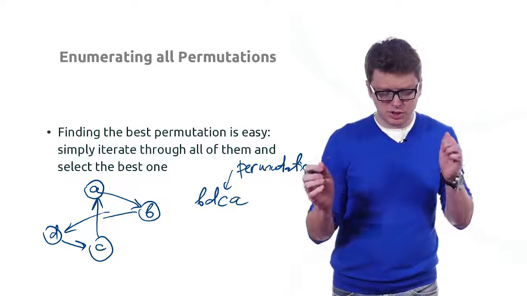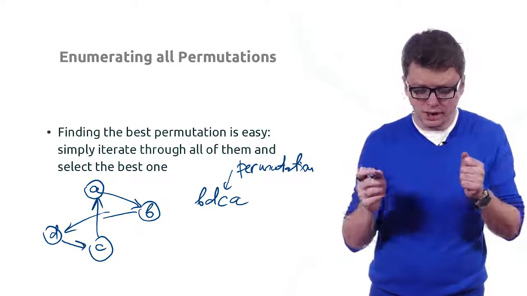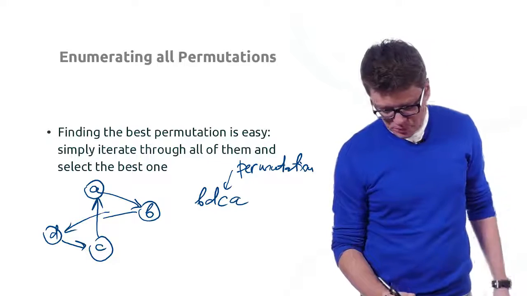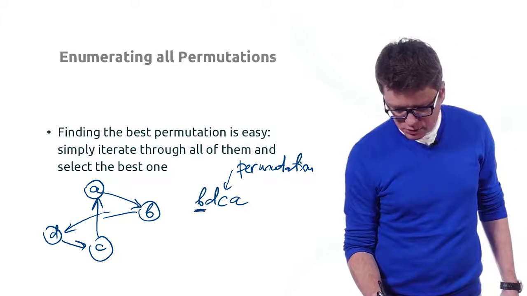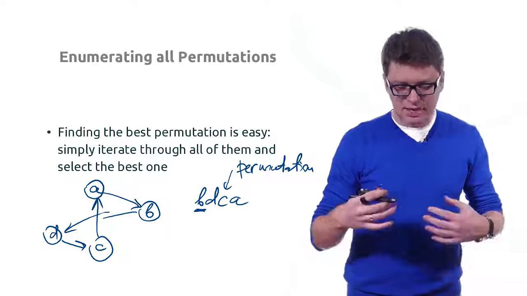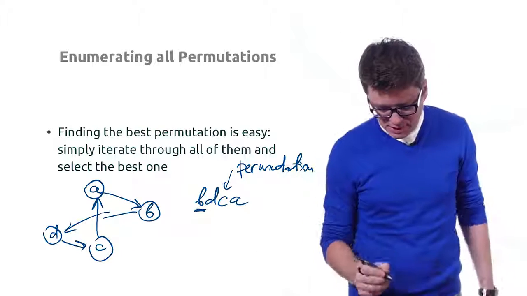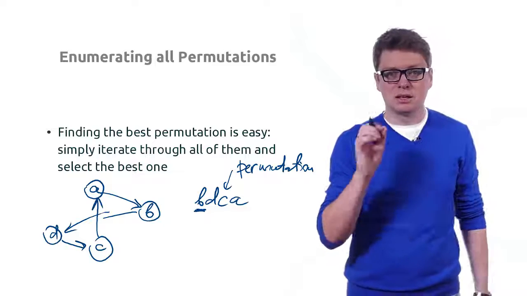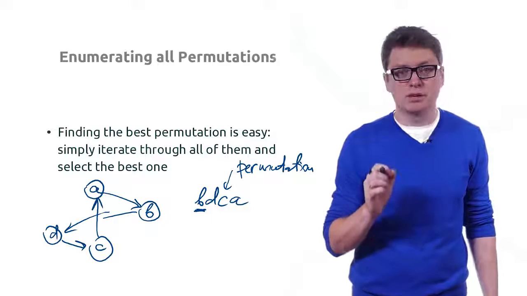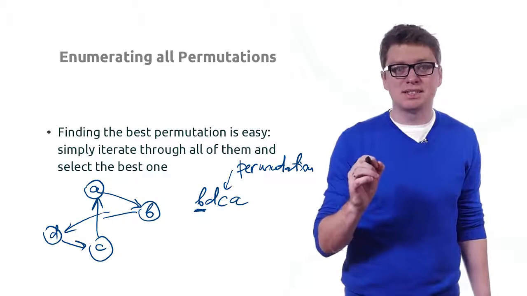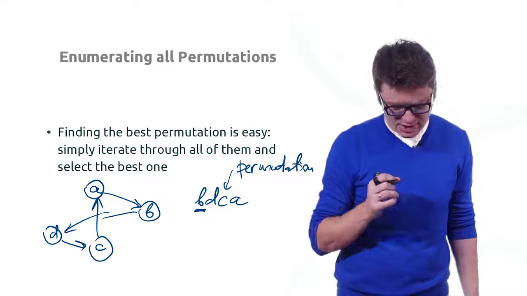At the same time, this correspondence is not one-to-one. Namely, in our permutation there is a first element, of course B, while in a cycle there is no first element, right? So this actually means that for one cycle there are n different permutations, where n is the number of nodes.